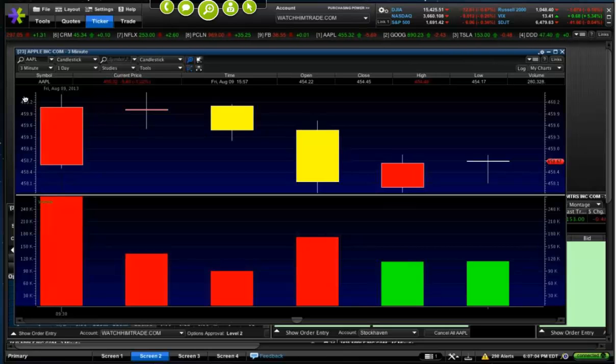When a stock closes above or below, that means you get a 3-minute candle close.